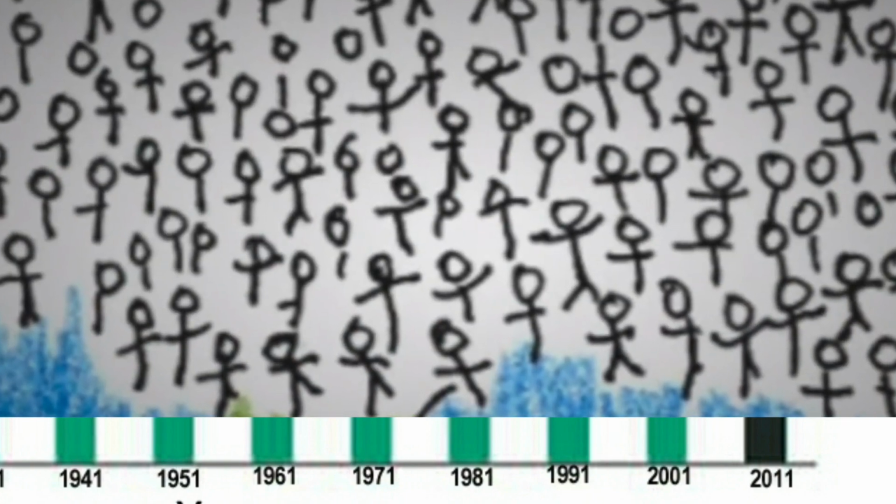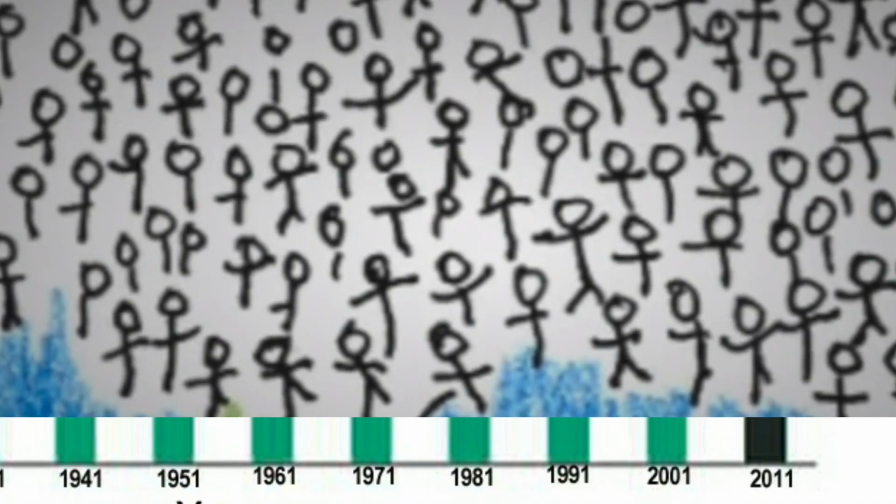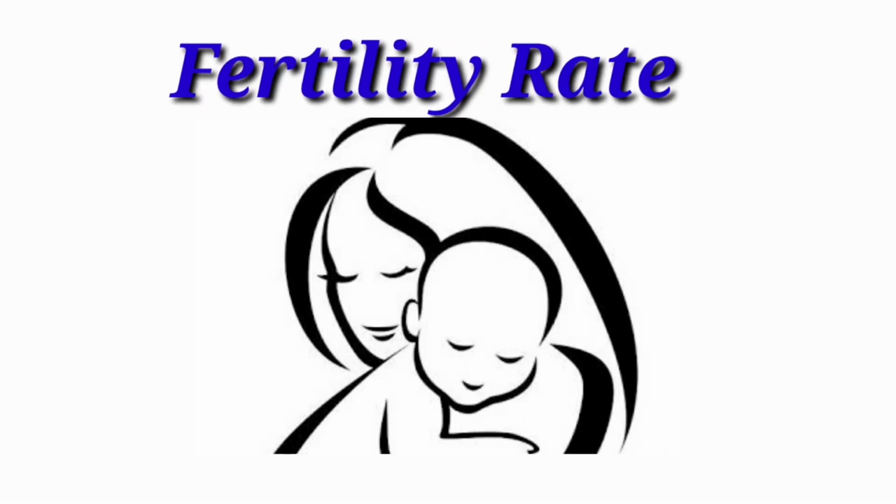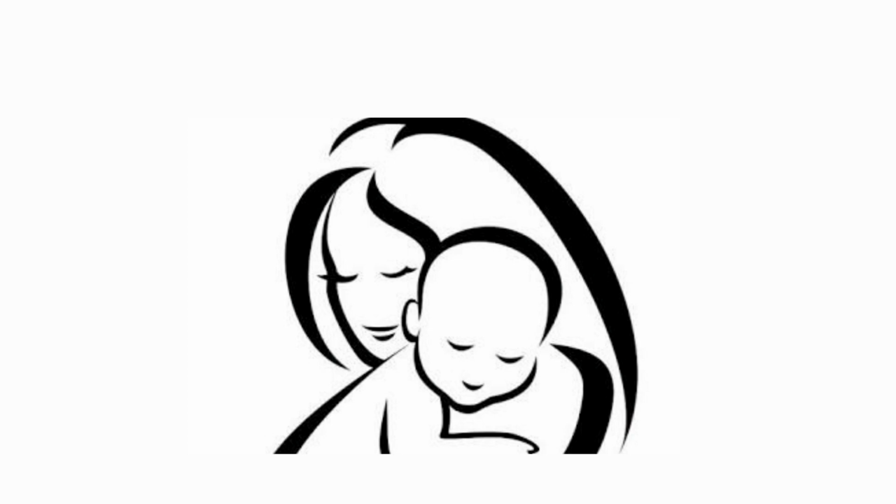And let's know another concept, that is the fertility rate. It means total births per woman. The number of children that is likely to be born to a woman if she were to live to the end of her childbearing years and bear children in accordance with the current patterns.